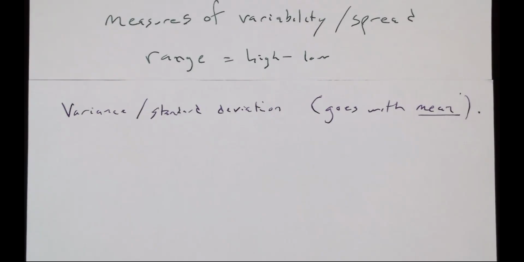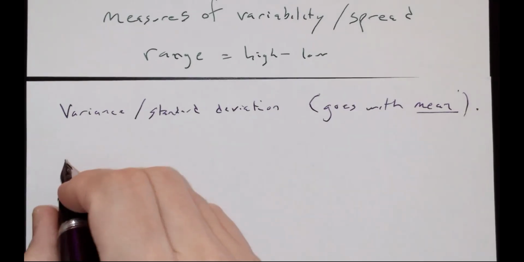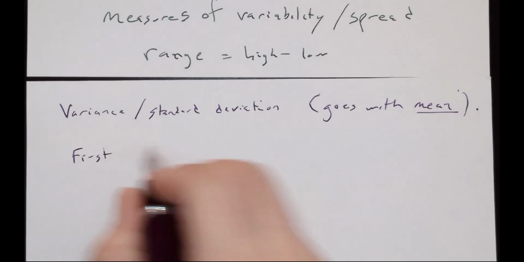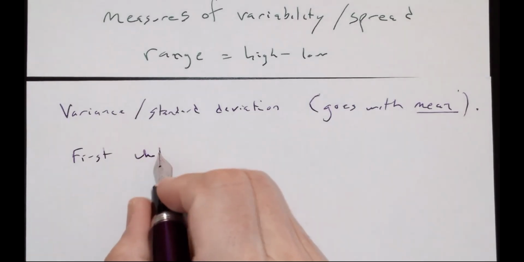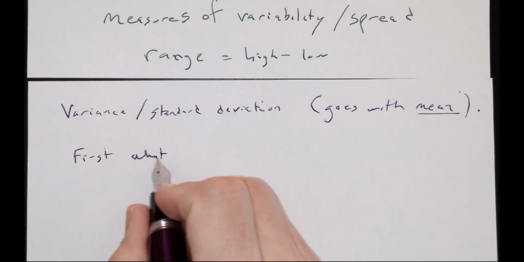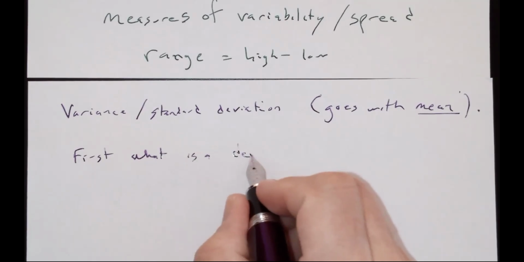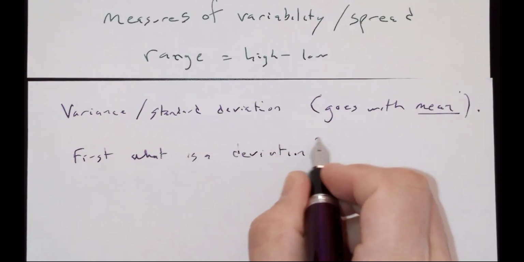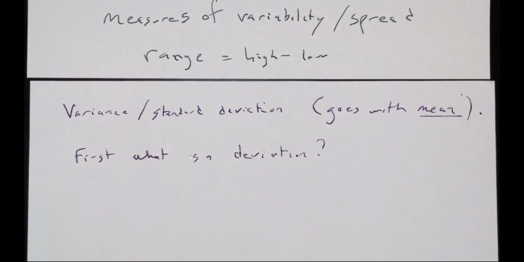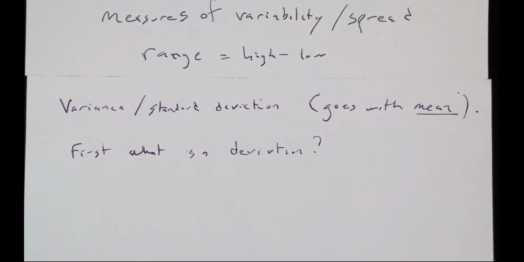Wait a minute. Standard deviation? If I've got a standard deviation, I have to have a deviation in the first place. So what is a deviation? Well, when I'm dealing with data, deviation is deviation from the mean.